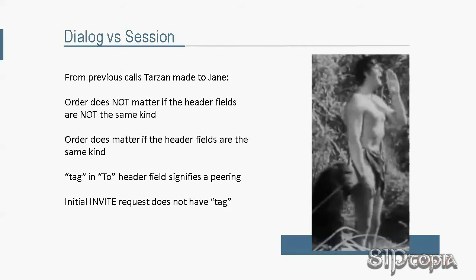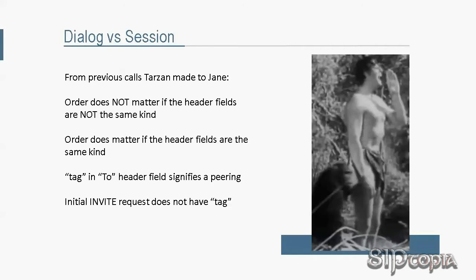Going back to the jungle, let's discuss the dialog and session concepts with a sample call from Tarzan to Jane, while keeping in mind a few points from the RFC 3261 Simplified tutorials. First of all, the order of header fields doesn't matter if the header fields are of different types, but it is important when they are the same type.